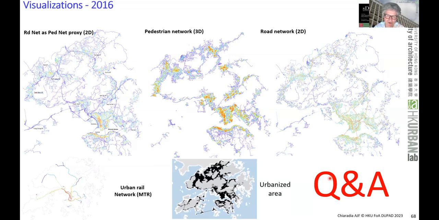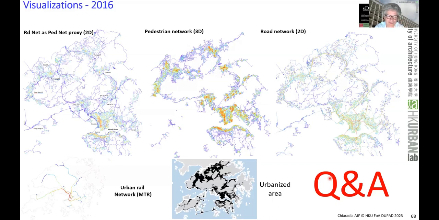So in the middle we have the pedestrian network, and I think this is the 400-meter hybrid radius. Hybrid means both Euclidean and angular along the network. And the road network, which is in 2D, is similar. I think it's 8 kilometers, which corresponds to the most travel time on road.